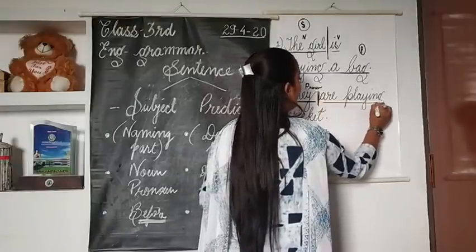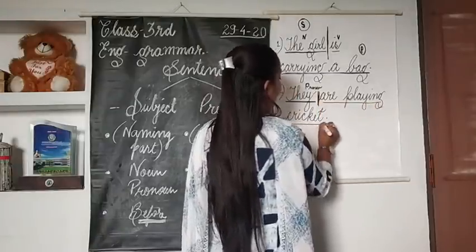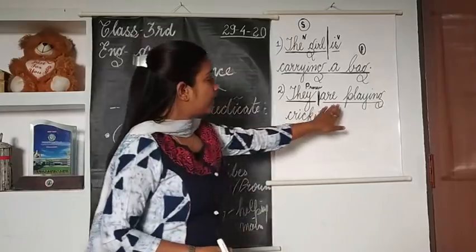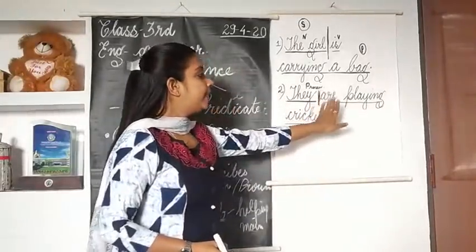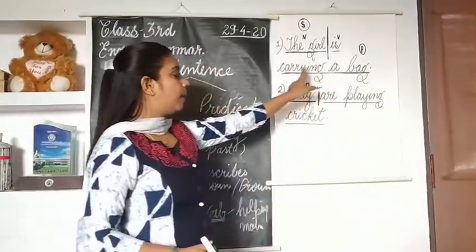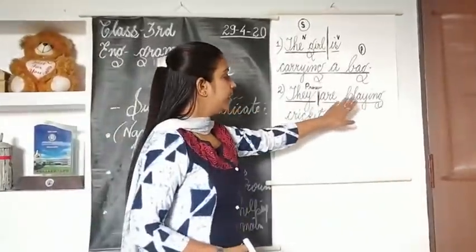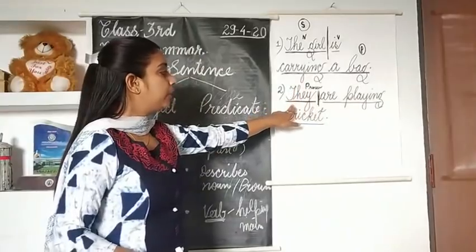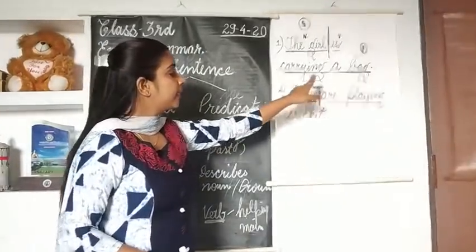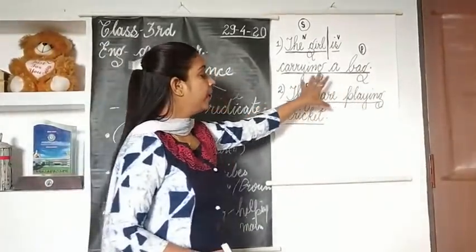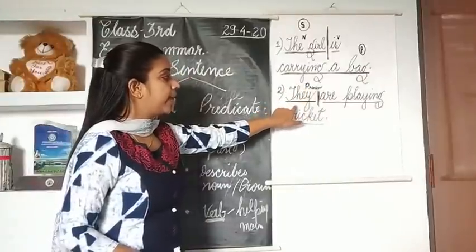Are playing cricket. This part of the sentence is telling us something about they, describing the action done by they.